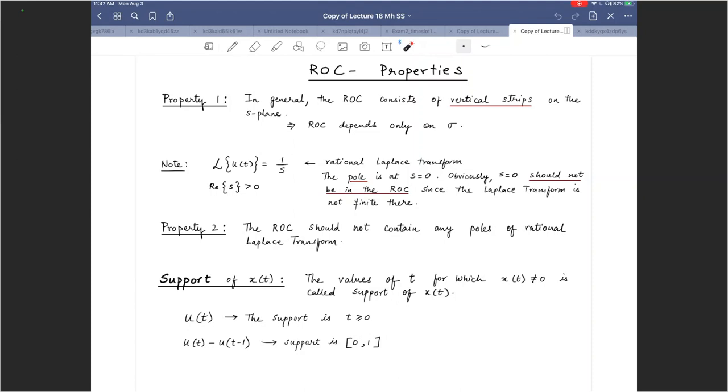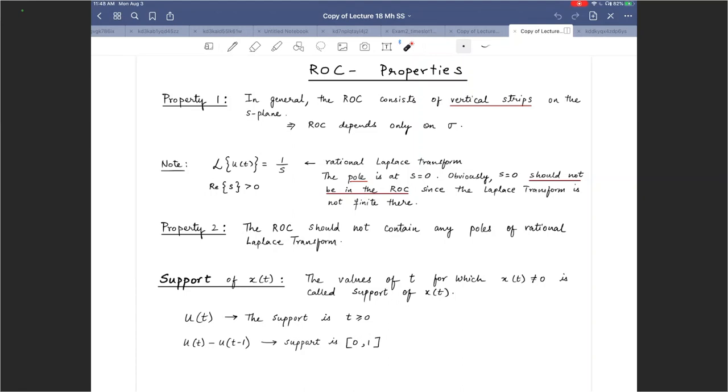Those poles should not be present in the ROC, because by definition the ROC is the region where the transform is finite. Poles are the points in the s-plane where the function goes to infinity. So by definition they should not overlap.